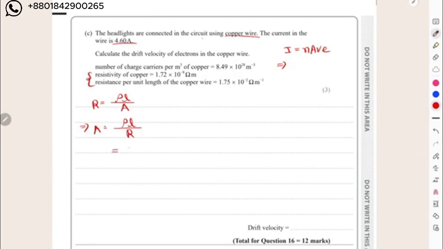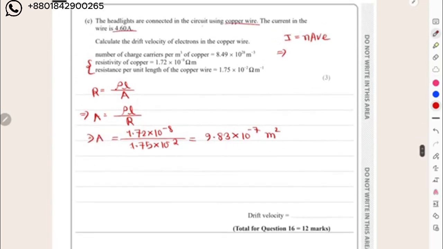Resistivity is given as 1.72 times 10 to the power of minus 8, and resistance per unit length is given as 1.75 times 10 to the power of minus 2. If you calculate this, you get the value for your area to be 9.83 times 10 to the power of negative 7 meters squared.